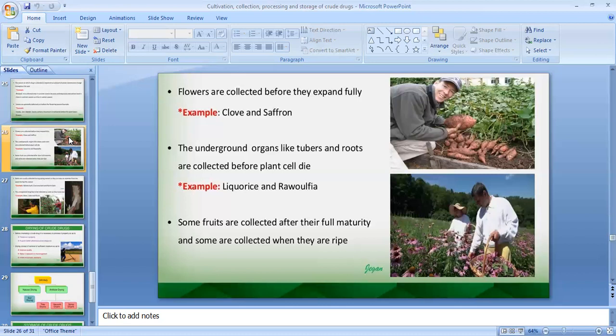This is a picture showing the tubers of sweet potato. Sweet potato is collected when it is fully ripe and fully grown. And this is the picture of sunflower. Sunflower is collected when the flowers are fully expanded.